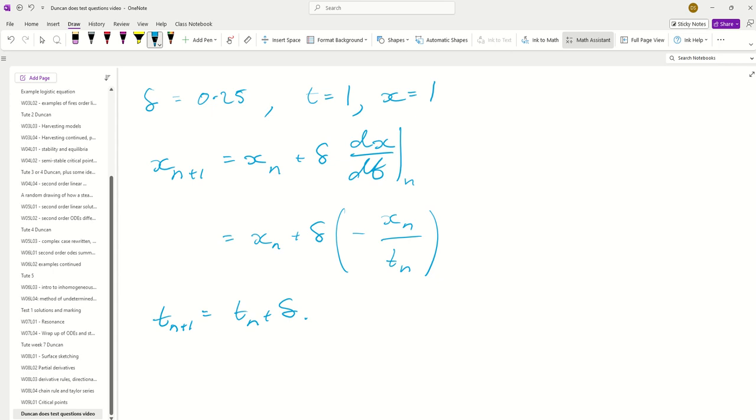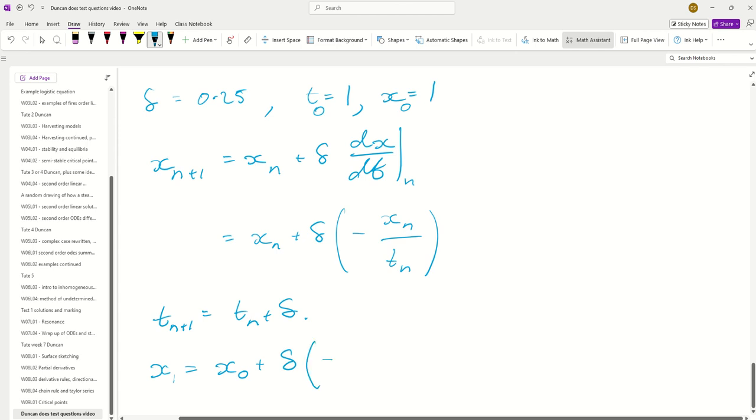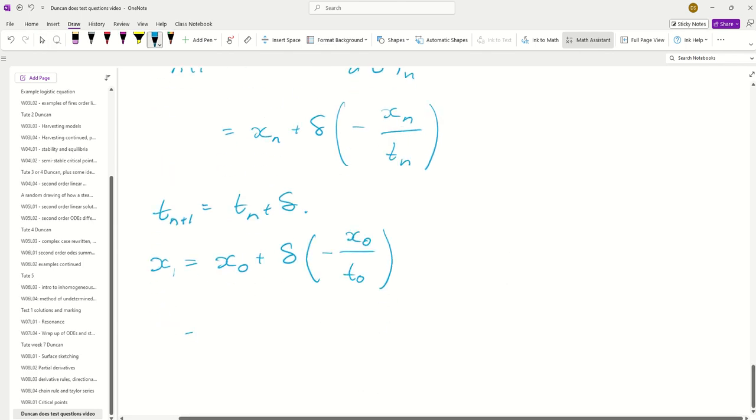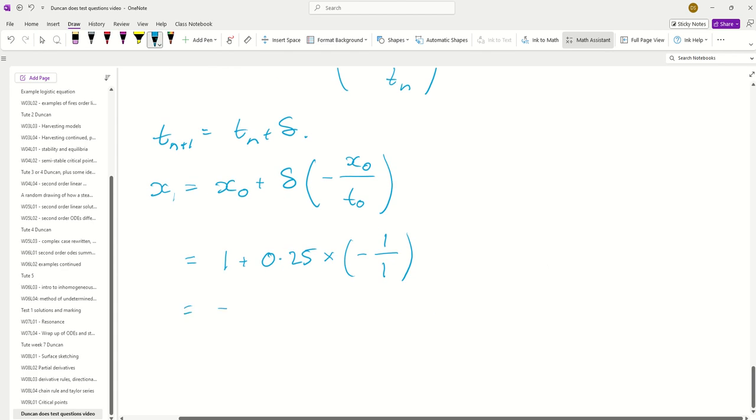So this is x naught and t naught. x1 equals x naught plus delta times minus x naught on t naught, which is equal to 1 plus 0.25 times minus 1 over 1, equals 0.75.